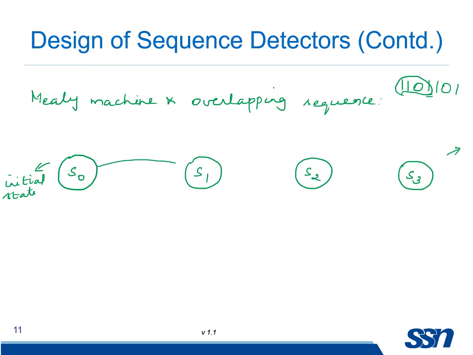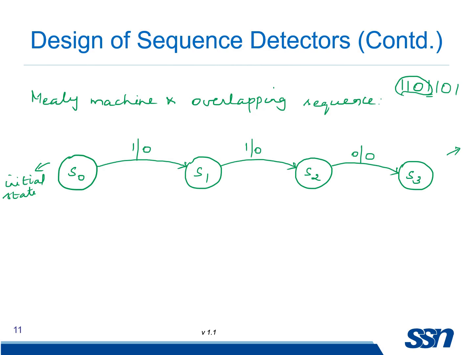Then as per the sequence, we go from the initial state to state S1 when I receive the first one. As I receive the second one, I move to the second state S2. Then as I receive the 0 following two ones, I go to the next state S3.